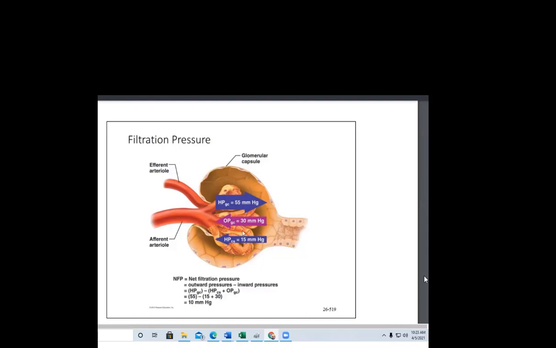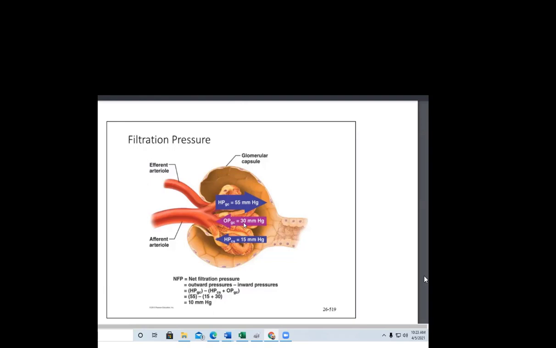So if I have more proteins and substances in the glomerulus, that's going to draw water in, and that's going to prevent filtration. And then if there's any fluid on the outside, pushing on the outside of this glomerulus, that's going to push things into the glomerulus.